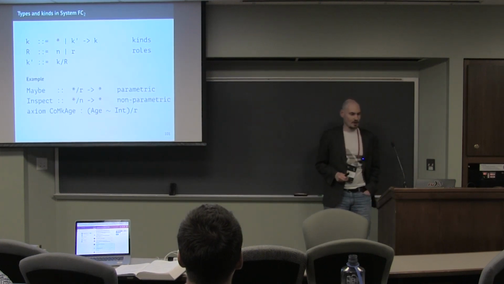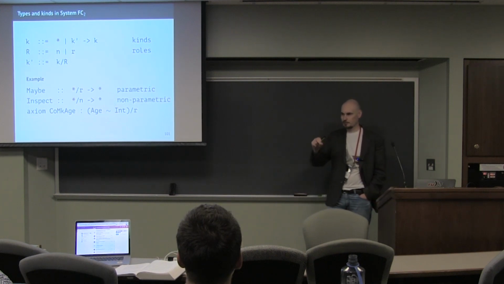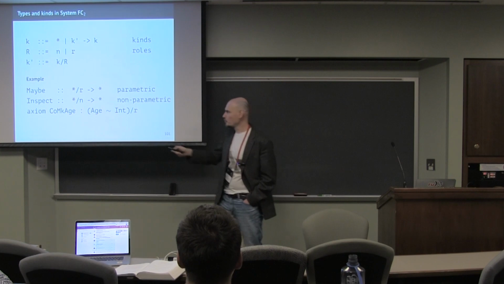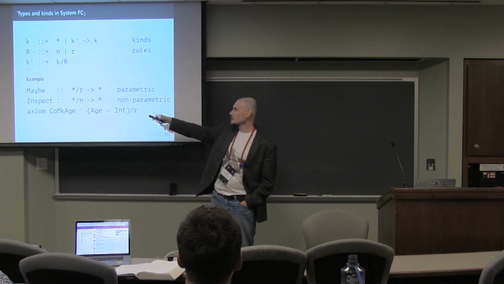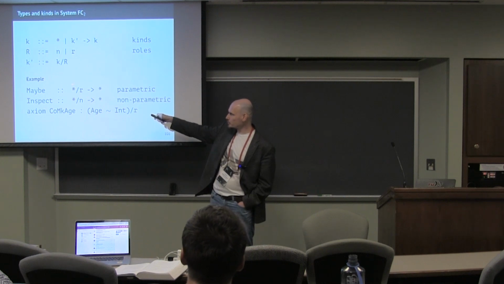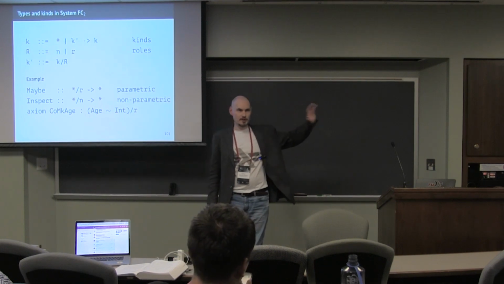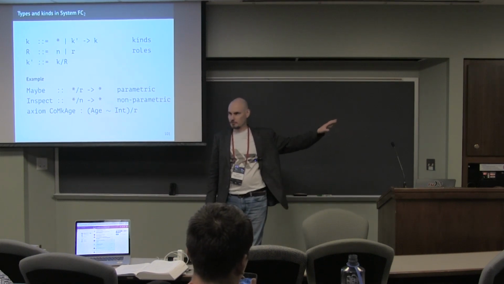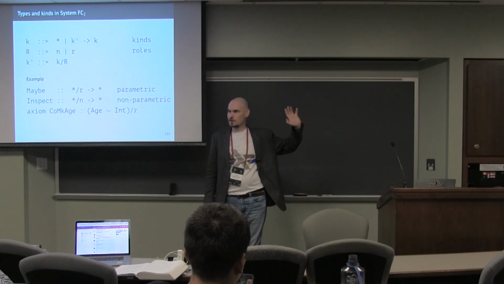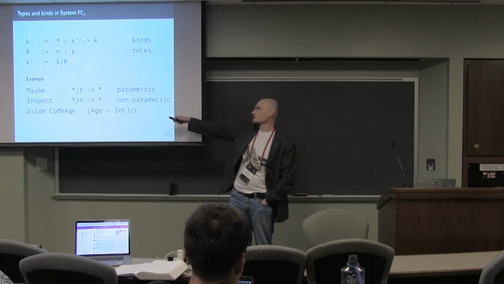And now we have to put these kinds into real expressions. We know for Maybe that it has a parametric occurrence, and that means that its kind will be this one. So remember, when it's parametric, you are free to do whatever you like. So you can do lifting for representational equality. So we say, well, it's parametric, then it will be this one.